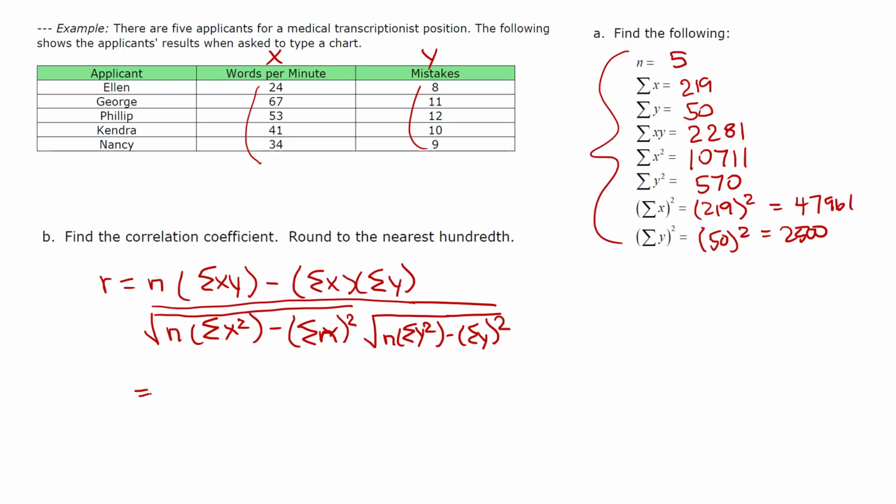Okay, so we'll enter in our values. So we know n is 5.